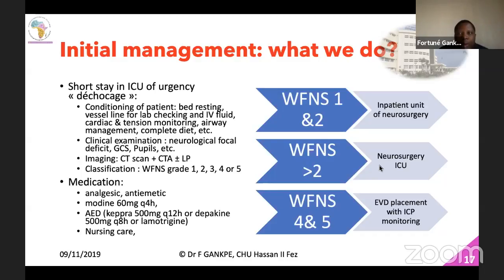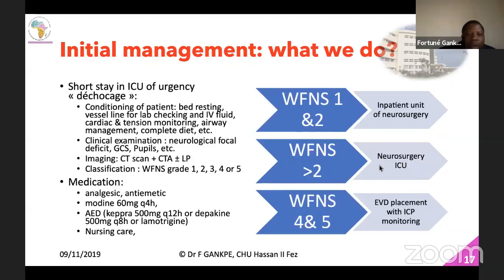What we do in our department: remember that when I was presenting the initial management from the guideline, I said that all the patients should be admitted in the ICU. Here I just want to make a difference.